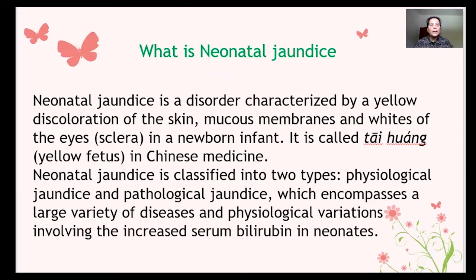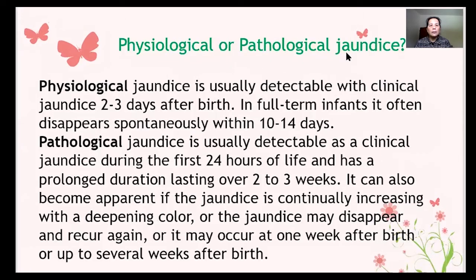So generally speaking, for newborn baby jaundice we talked about already, one type is the physiological type, and another type is the pathological type. So then we see the difference. What is the physiological type of jaundice, and what is the pathological type of jaundice?